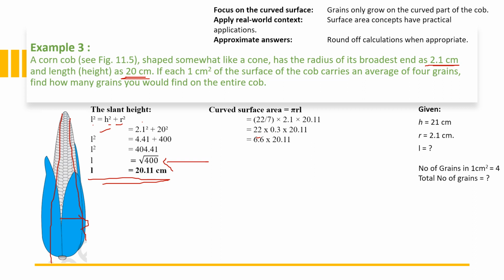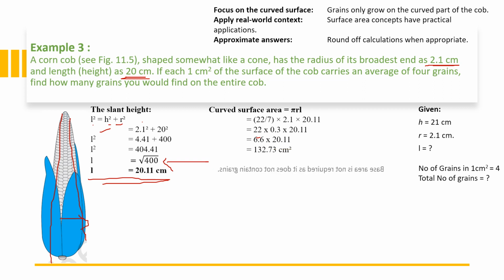Now 22 into 0.3 is 6.6, into 20.11, that is equal to 132.73. So now what we got is the curved surface area.